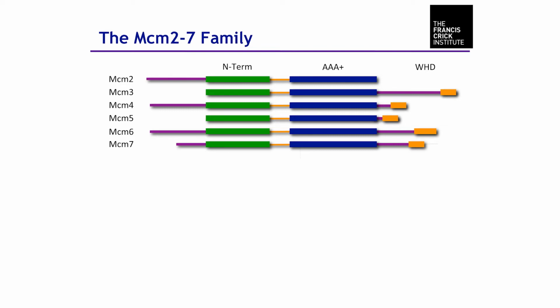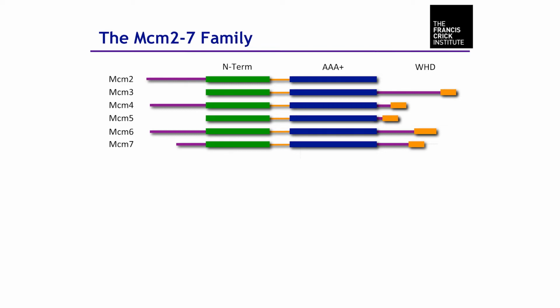They're very closely related to each other, but they're all essential. They have this conserved AAA plus ATPase domain in blue here, and they have an N-terminal collar domain shown in green here. And 5 of the 6 have these winged helix domains on the end, which I'll mention briefly. These have all got specialized roles during the helicase loading and activation steps.